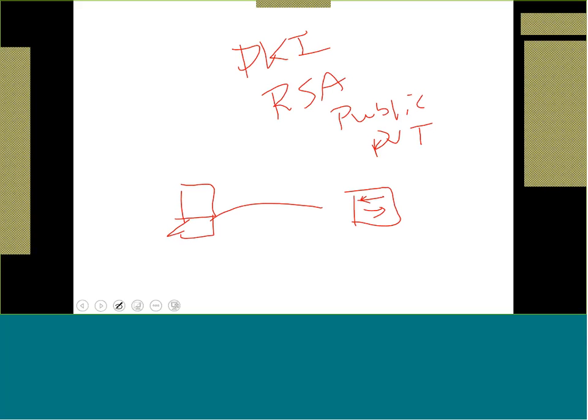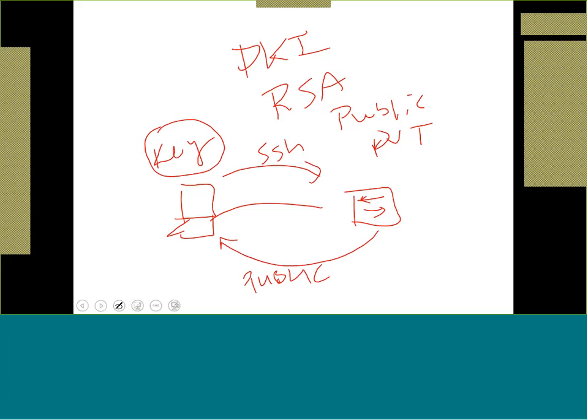By the way, this is the same way it works with SSL and TLS and web encryption, HTTPS, all that stuff. Open up the SSH session. The switch sends the computer its public certificate. Okay? The computer generates the key and encrypts the key with the certificate.